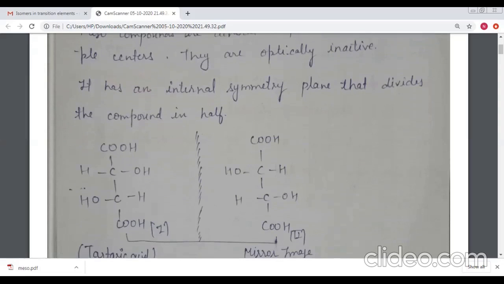We know that when plane polarized light, PPL, is passed through a compound, if this compound turns the direction of light towards the right hand side or towards the left hand side, it is called an optically active compound. And if the compound does not rotate the plane polarized light, it is optically inactive. So it has an internal symmetry plane that divides the compound in half.